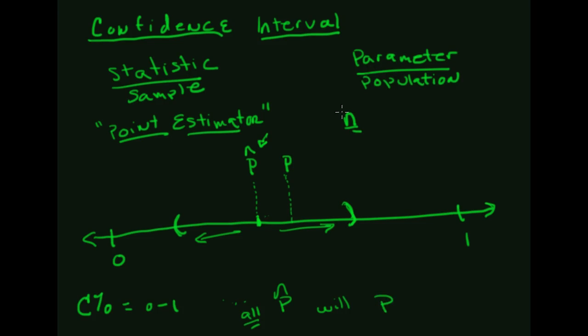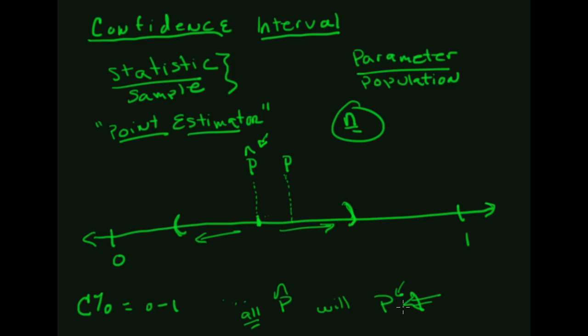If I take all the possible statistics that can come from a sample of size n, what percentage of them will contain the actual population parameter? Essentially this is asking, if I've made this confidence interval, how confident am I that that interval actually contains this parameter?